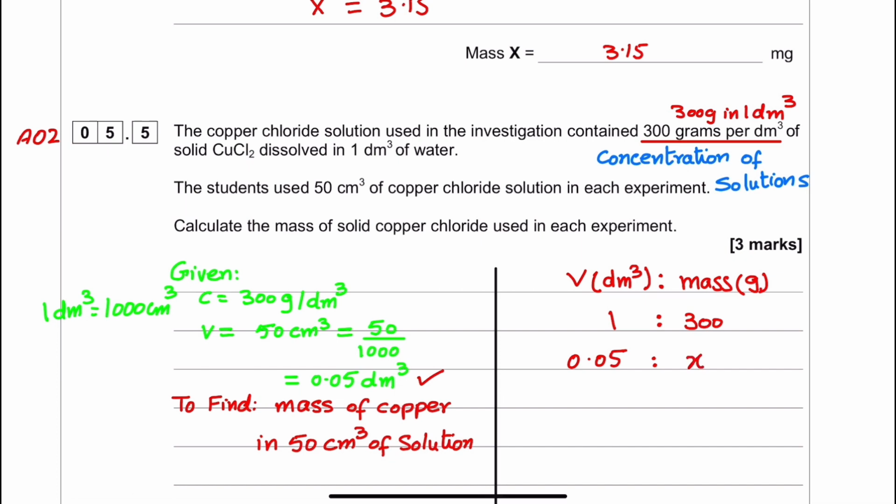So that unknown I will call x. So x is going to multiply this side, and 0.05 is going to multiply with 300. So x is equal to 15 grams.